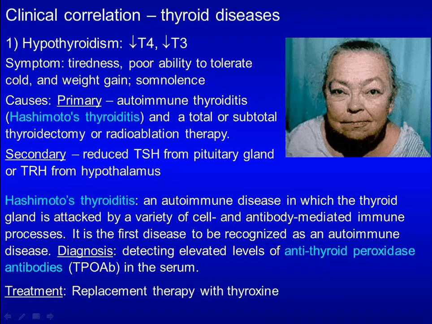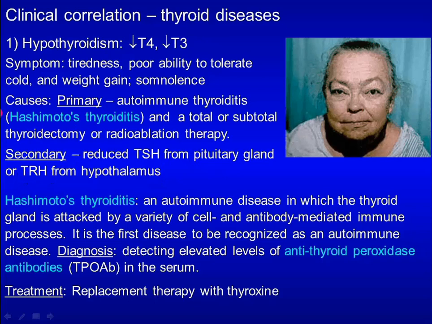There are two types of hypothyroidism, primary and secondary. Primary is due to inability of thyroid glands to produce thyroid hormone. Secondary hypothyroidism is due to reduced TSH from pituitary gland or TRH from hypothalamus.